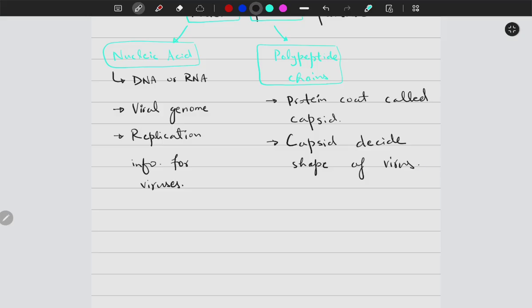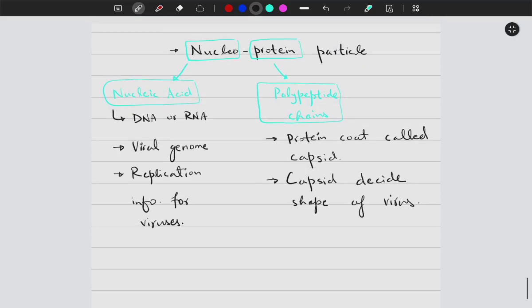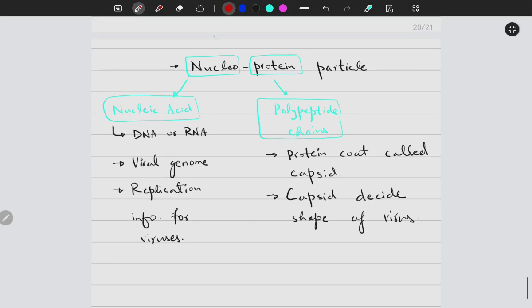Rod shape, it could be tadpole with a head and tail, it could be spherical, conical. So viruses could exist in different shapes, and those shapes are decided by the proteins. So these two parts, number one, nucleic acid, and number two, proteins, must be present. These two components must be present in every virus.